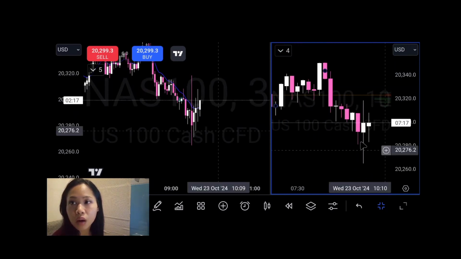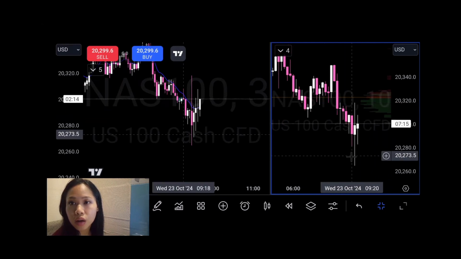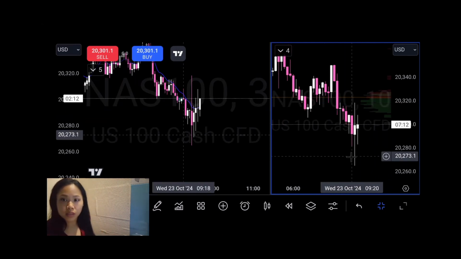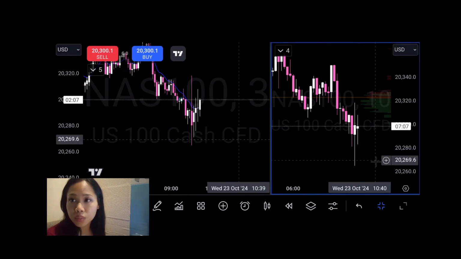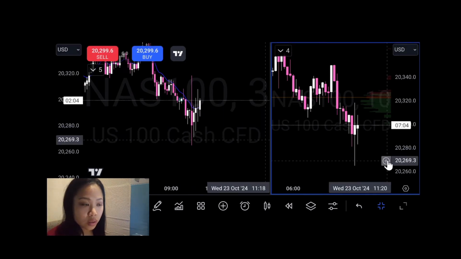I like that I'm not in this trade yet. I like that I've given myself a lot of time and a lot of distance between entering the trade, between my decisions.